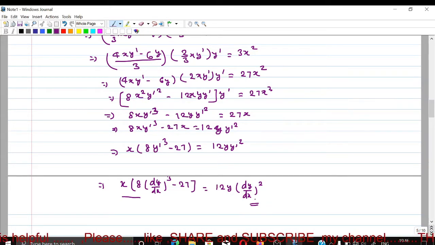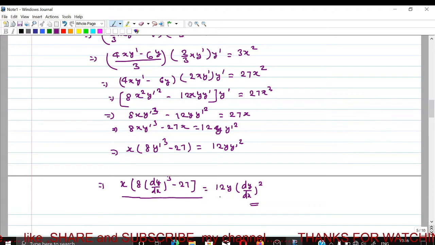Just observe that this differential equation is free from any arbitrary constant. So this is our final differential equation. Please tell me what is the order: the highest order differential coefficient.